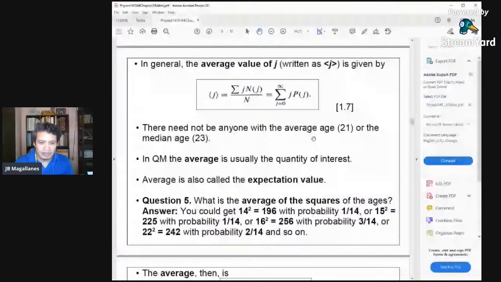In quantum mechanics, the average of something is the quantity of interest. The average is usually called, in quantum mechanics, the expectation value.